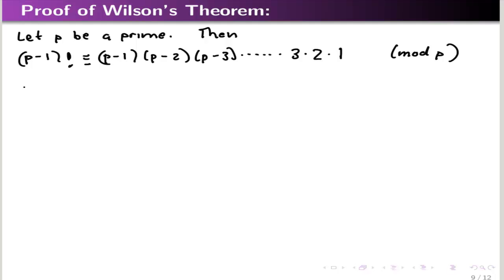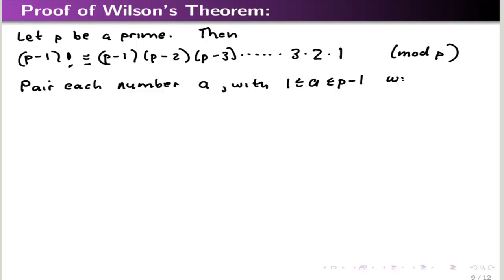So pair each number a, with a between 1 and p minus 1, with its multiplicative inverse.